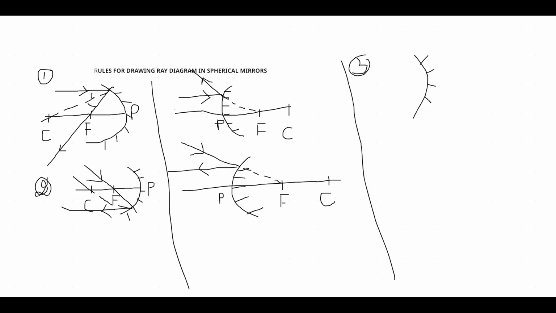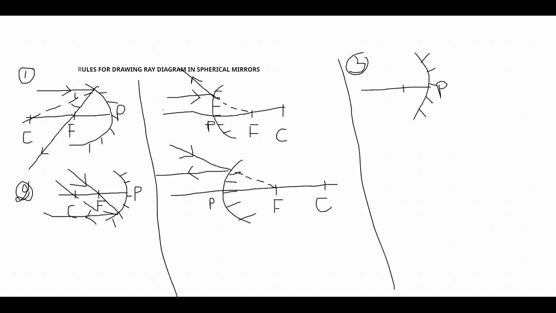Okay. This is your focus. And this is your center of curvature. If a ray of light is coming from the center of curvature, it will strike the mirror. So it will be coming like this, and with the same path, it will go back. Okay, this is in case of the concave mirror.